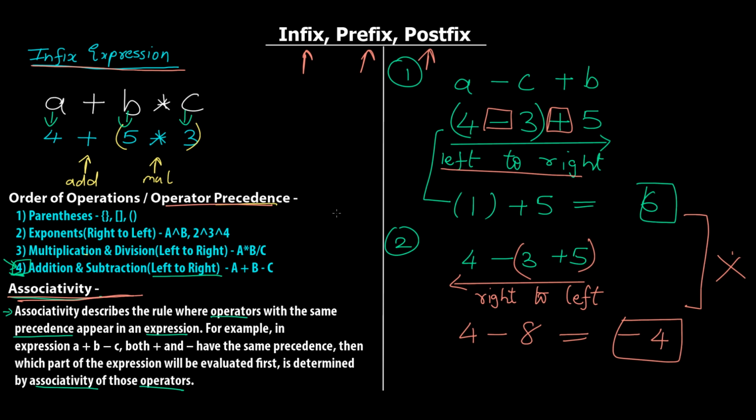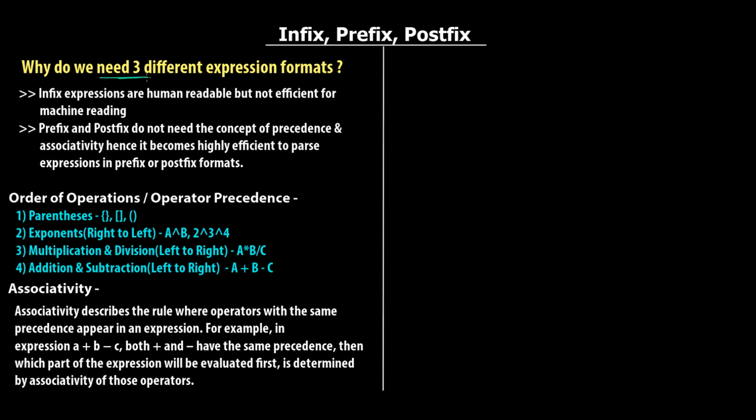But when it comes to machines, when it comes to computers, all this extra information of precedence and associativity makes the entire algorithms and calculations inefficient. So this is why we require prefix and postfix. The question of why we need three different expressions and formats: infix expressions are human readable.